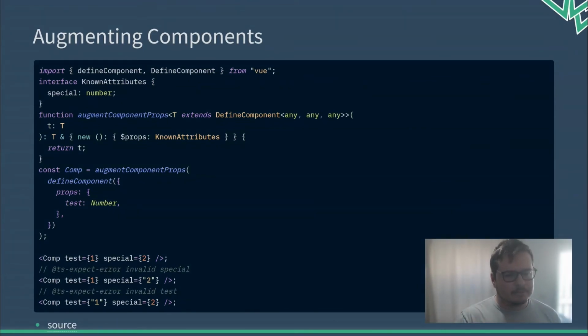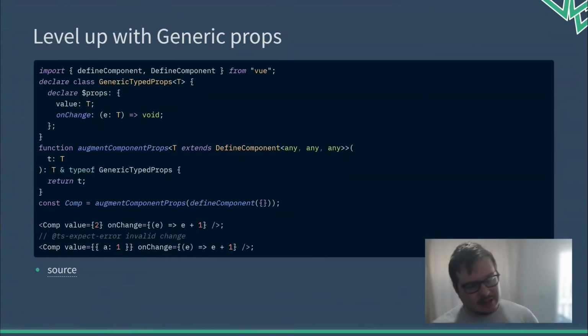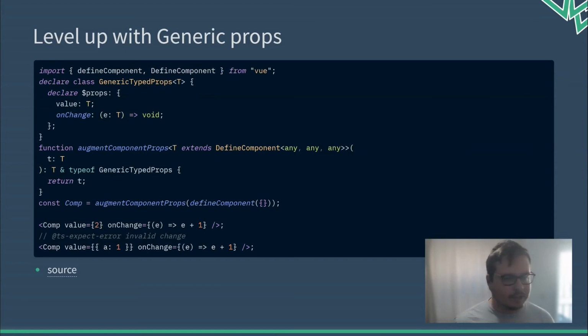And now let's level up with generics. Generics don't work super nicely yet, because there's some work that needs to be done, since we need to bypass some prop validations. One thing is, if we have the props declared in the code and we use this method, it won't really get the inferred generic.